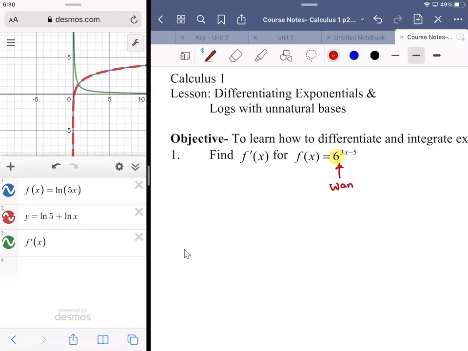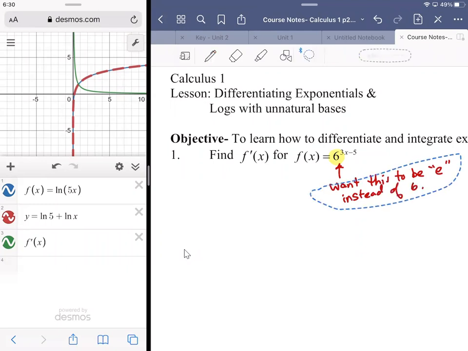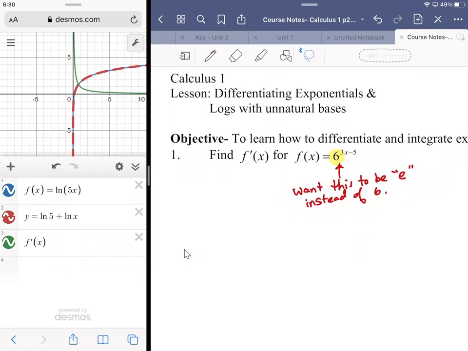So we want this to be e instead of 6. I want that to be an e instead of a 6. I don't like the fact that it's a 6. It's actually annoying me.